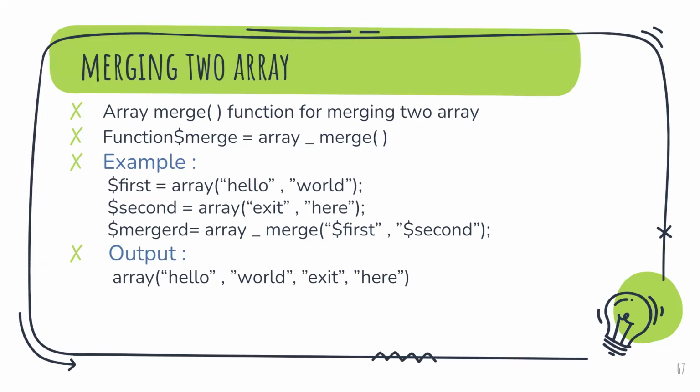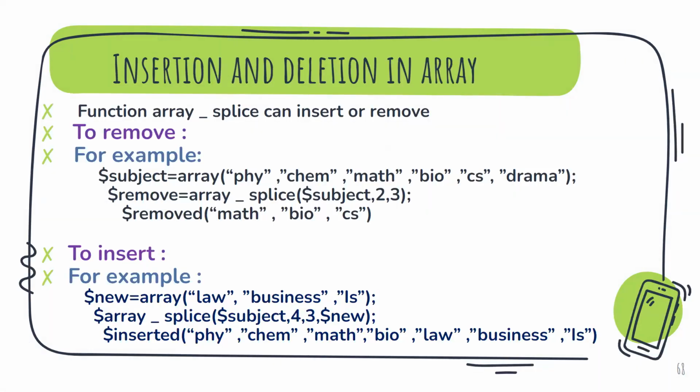And we have the merge function as well. What this does is it takes two arrays as parameters, and it merges those arrays and gives the final list. And one of the examples is shown. And then insertion and deletion. Insertion and deletion both can be done by a single function named array splice.